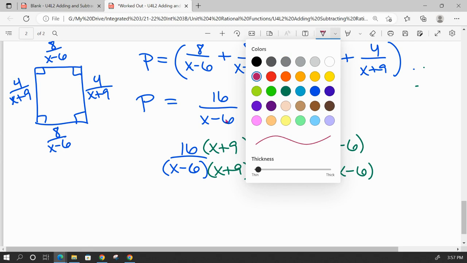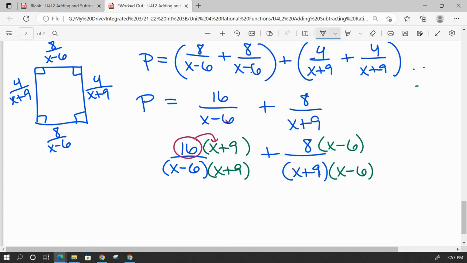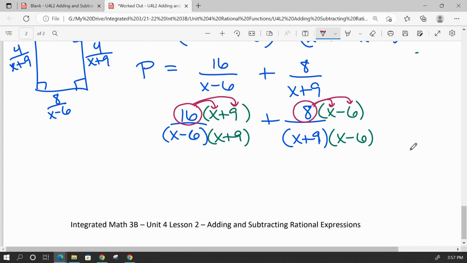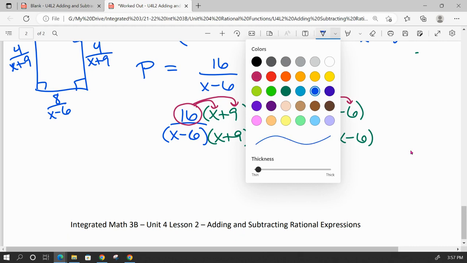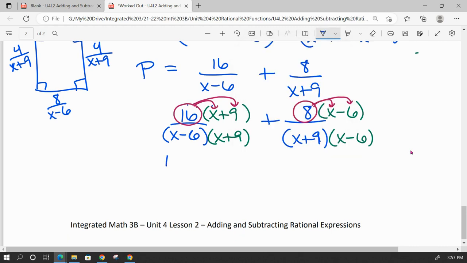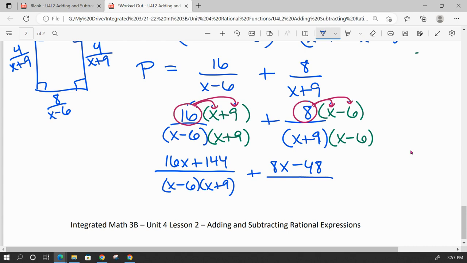Once again, you're going to distribute the 16 to both the x and the 9, and distribute the 8 to both the x and the minus 6. So 16 times x is 16x. 16 times 9 is 144. 8 times x is 8x. 8 times negative 6 is negative 48.